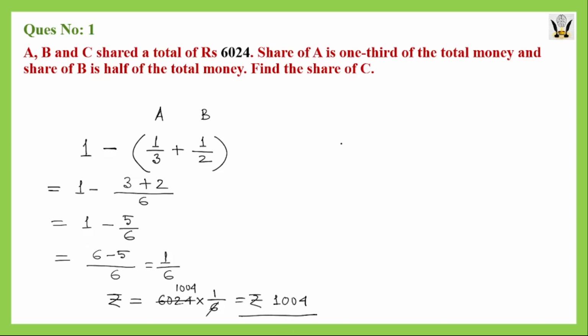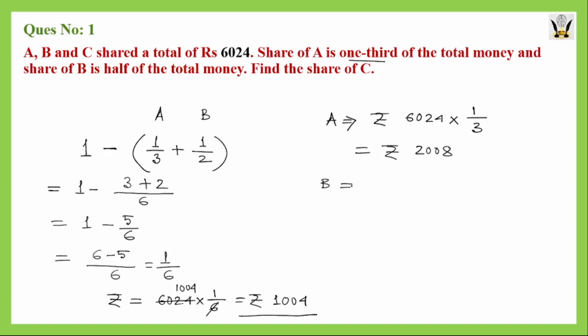And the other way is from the beginning, if we find in terms of money. So total money is 6024 rupees. And if we find how much rupees A gets, then share of A is 1/3 of 6024, so it will be rupees 2008.